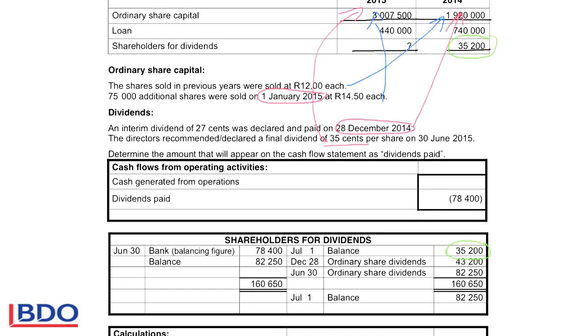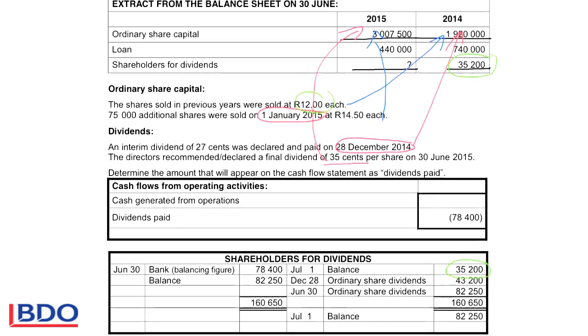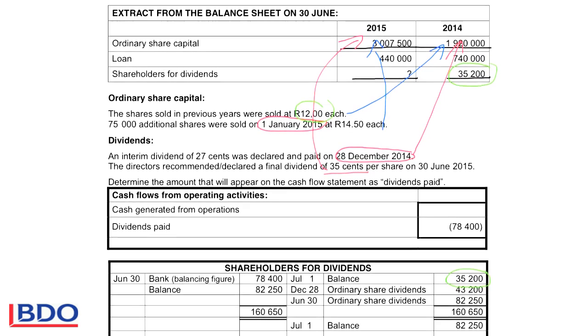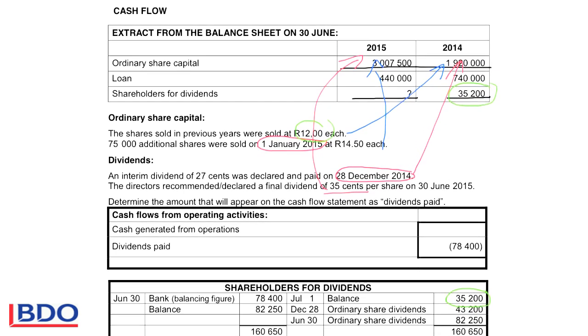So if I take that 12 Rand into account and I look at the total capital that was obtained up to the end of the previous year, 1,920 million, and I divide it by the 12 Rand, I can determine how many shares were sold in previous years. If I know how many shares were sold in the previous years, I can multiply that with the 27 cents and I can determine what was the interim dividend.